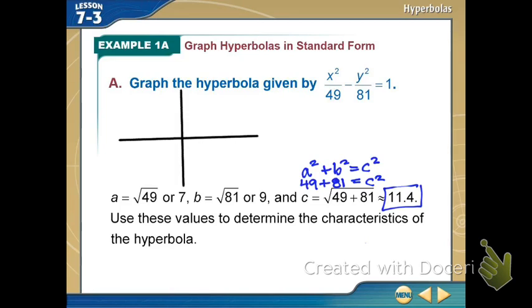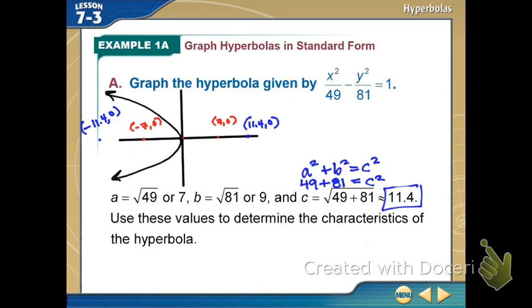If the center of this hyperbola is at 0, 0, and we already know that the vertices are going to be at plus 7, minus 7, and the focal length is 11.4, then my foci are going to be out here at 11.4, 0 and negative 11.4, 0. When I graph my hyperbola, it's going to end up looking something like this.